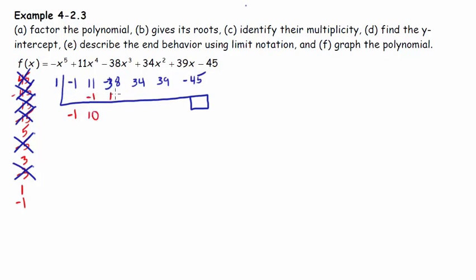Multiply and get 10, add and get negative 28. Multiply and get negative 28. I add and get 6. Multiply and get 6, add and get 45. Multiply and get 45, add and get 0.